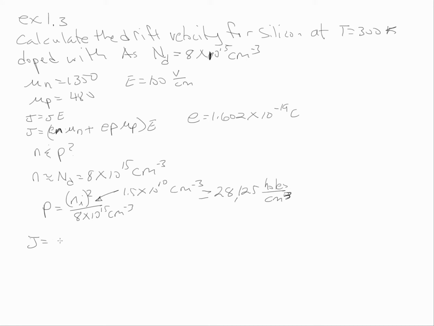We just plug in the fundamental charge, and then we put in the concentration of electrons, 8 times 10 to the 15th, times the electron mobility, which is 1350, and then the concentration of holes, which we just calculated, times its mobility, which is 480, and then all times the applied electric field, which was 100 volts per centimeter.